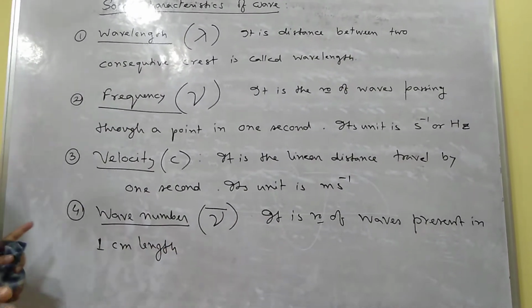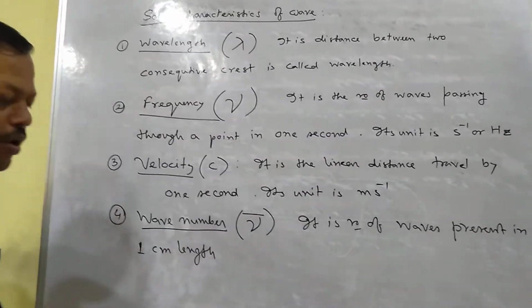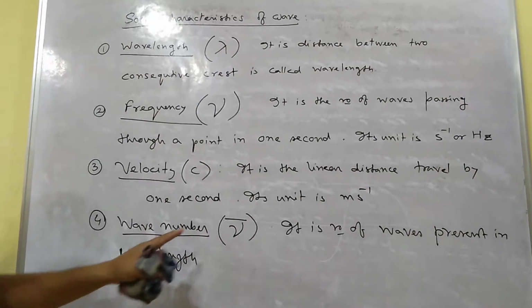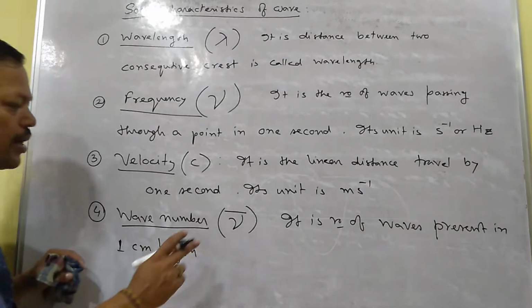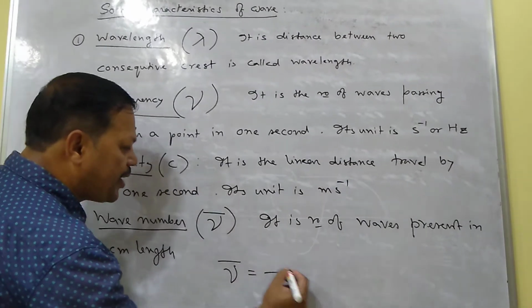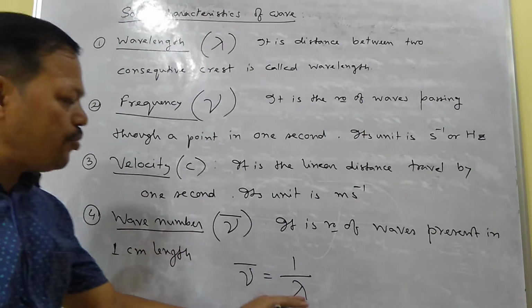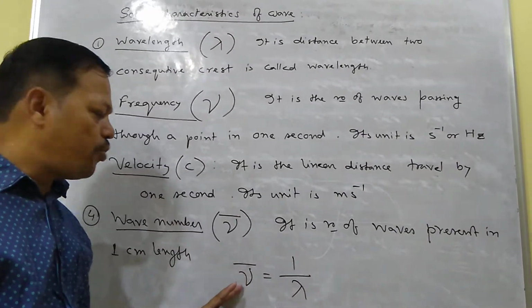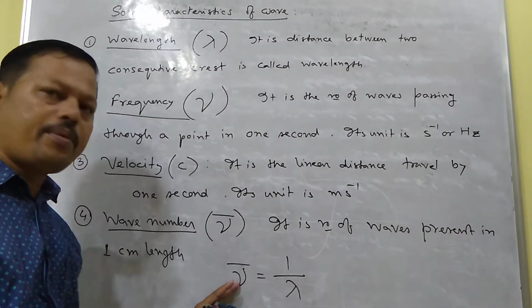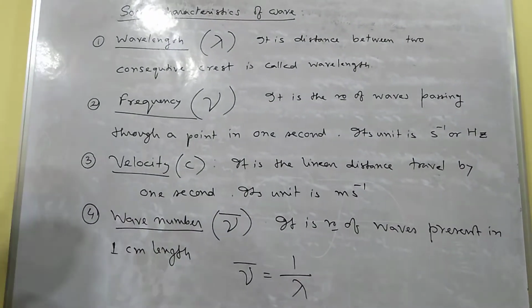In 1 centimeter length, how many waves are present? That is called wave number, represented by mu bar. Mu bar is the reciprocal of wavelength, I mean mu bar equals 1 by lambda. So if you know the wavelength, you can find the wave number. Similarly, if you know the wave number, you can find the wavelength.